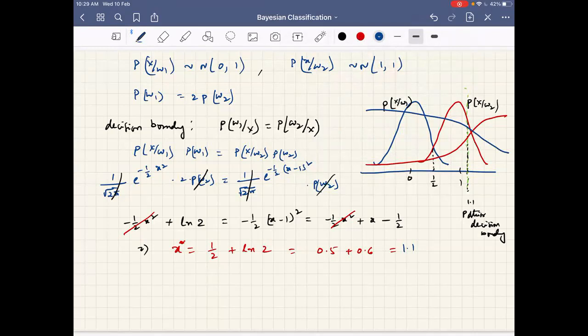There is a condition that is needed for posterior. You people remember? Yes, sir. This is P of omega 1 given x, and this is P of omega 2 given x. What is the condition for posterior? Their sum equals 1, sir.